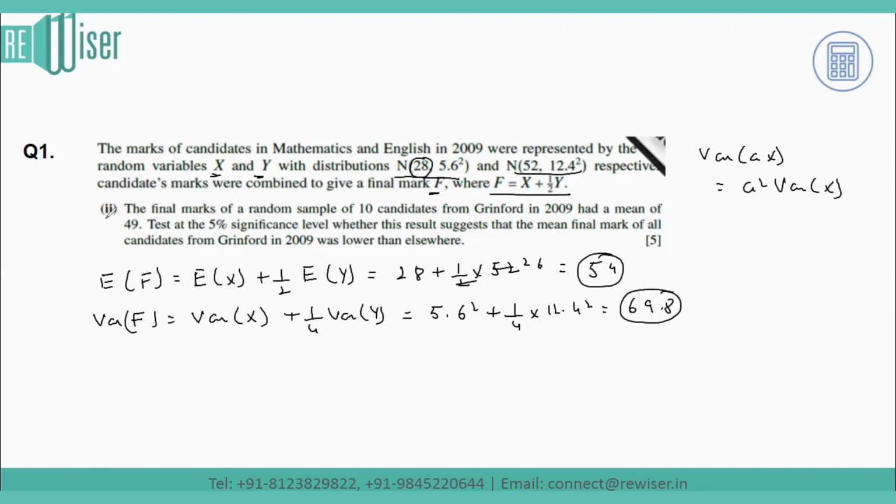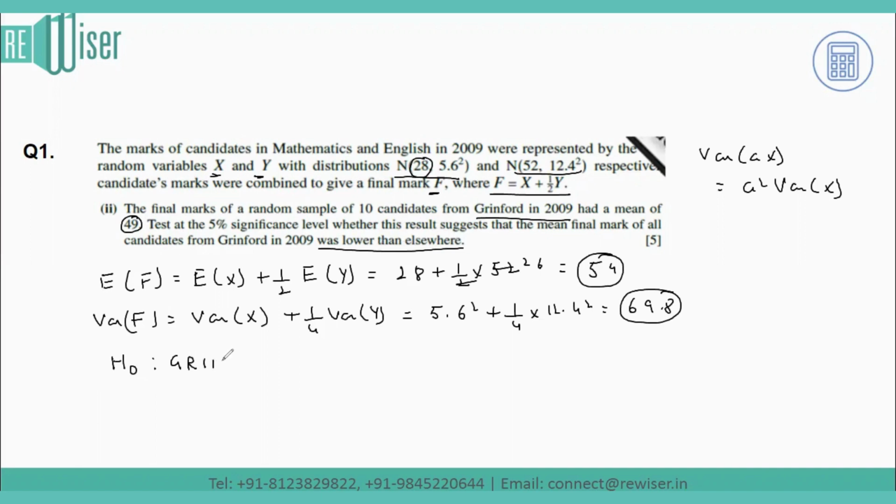Now moving ahead, it says that the final marks of a random sample of 10 candidates from Grinford in 2009 had a mean of 49. Test at 5% level of significance whether the results suggest that the mean mark of all candidates from Grinford was lower than elsewhere. Now see here, it's lower than, so it will be a one-tailed test. We first have to calculate the test statistic z. For that, we need to write the null hypothesis. Please pay attention.